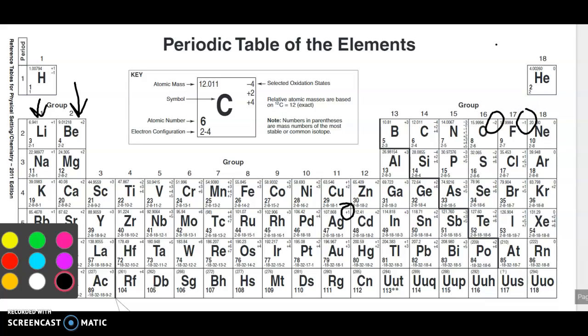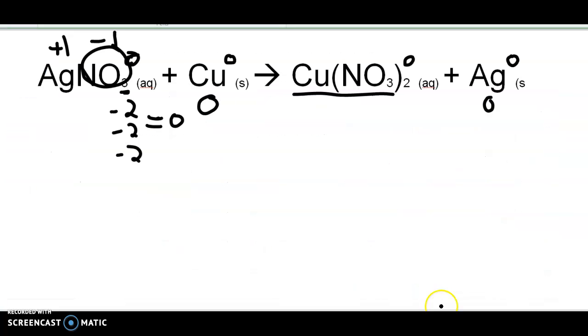Everyone else can have different oxidation states. So while silver likes +1, who knows? Maybe there's another one it might have. So we just wanted to reaffirm that that was in fact its oxidation state. So we just did, and there's no harm in doing that.